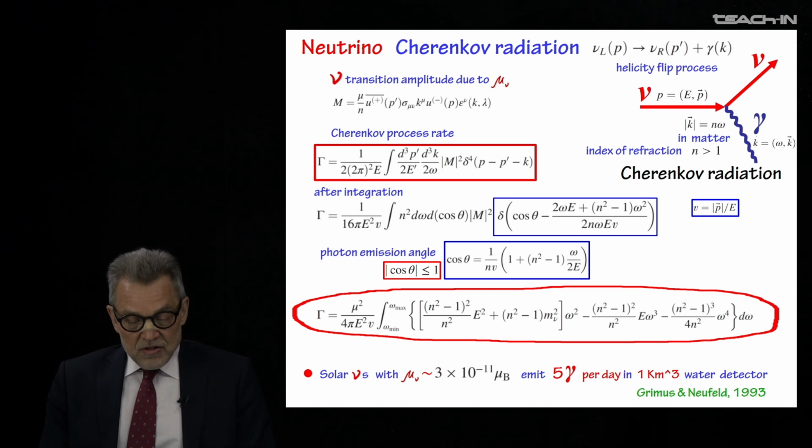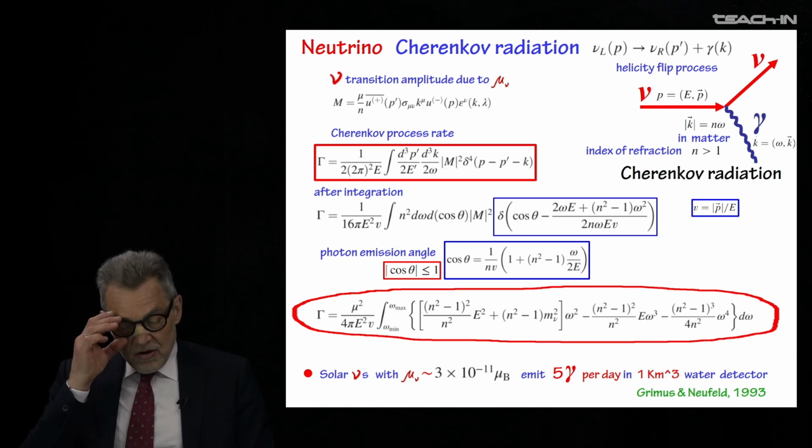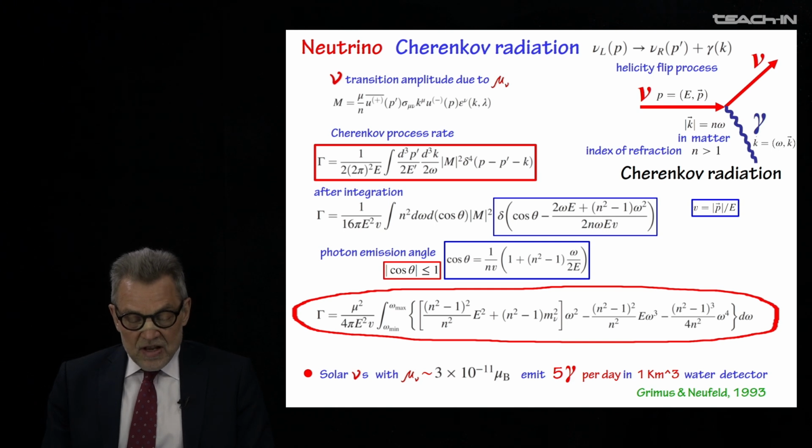If we use the value of the magnetic moment, or effective magnetic moment, of the neutrino on the order of the present terrestrial constraints, let's say from the reactor antineutrino fluxes, which are 3×10⁻¹¹ Bohr magnetons, then for huge detectors of the volume of 1 cubic kilometer, water detectors, for instance, like the Baikal or other gigantic volume detectors, the estimation yields that it will be several photons in such a huge detector per day.